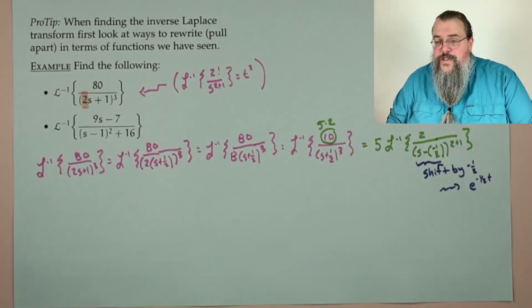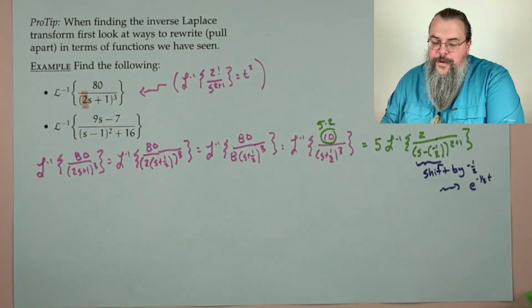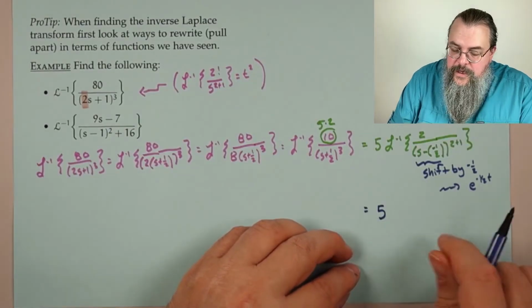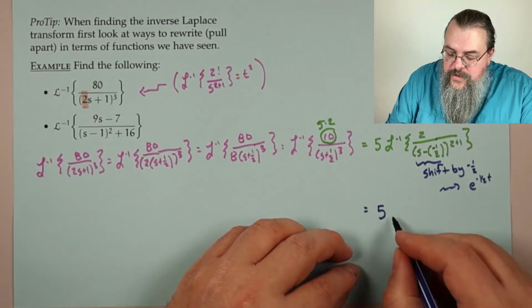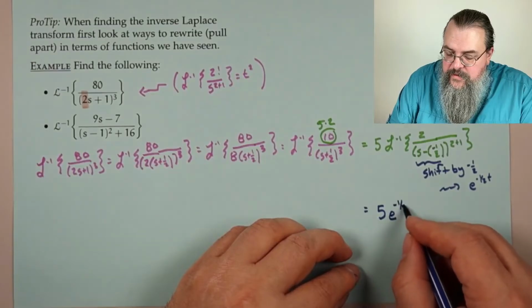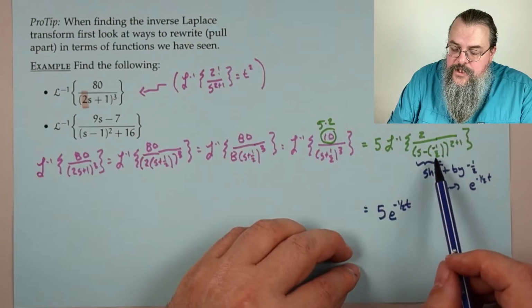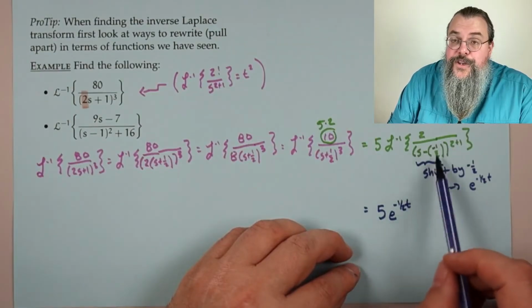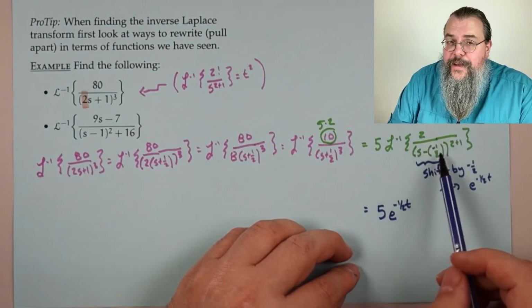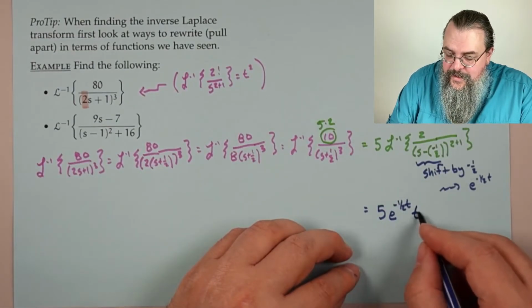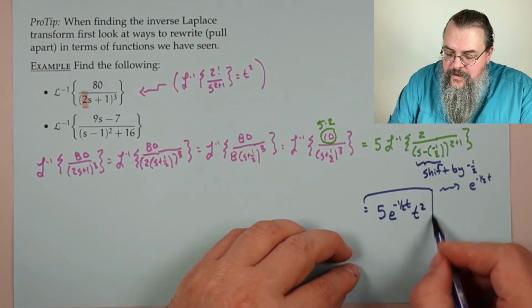So all together, what do we have? Well, we have the 5, then we have the shift, so we'll put that in, e to the minus a half t. And now, after you take account of the shift, think about it as if there were no shift. So it really would be like 2 over s to the 2 plus 1. Oh, well, that's t squared. And that's the answer.